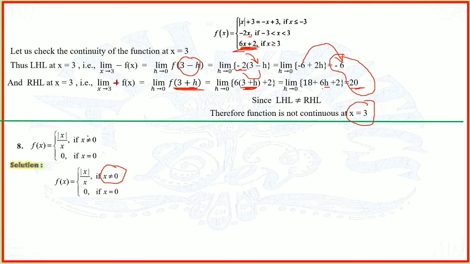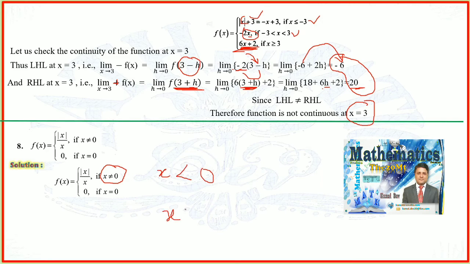Now what I was talking about, the interesting thing, is that by now, look at here in this function, the left hand function was different than the right hand function. Every time whenever we were taking left hand limit, the function's value was different, while when we were taking right hand limit, at that point the function was also different. But in this question, what does it mean x is not equal to 0? That means either x is less than 0 or x is greater than 0.